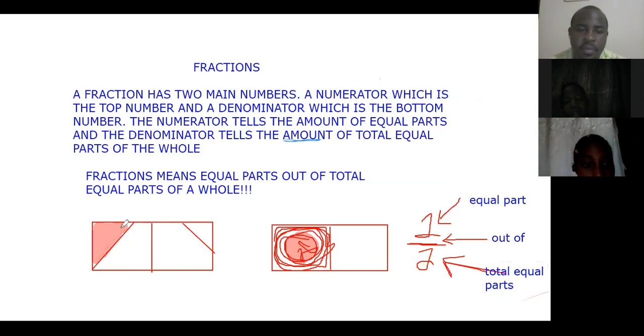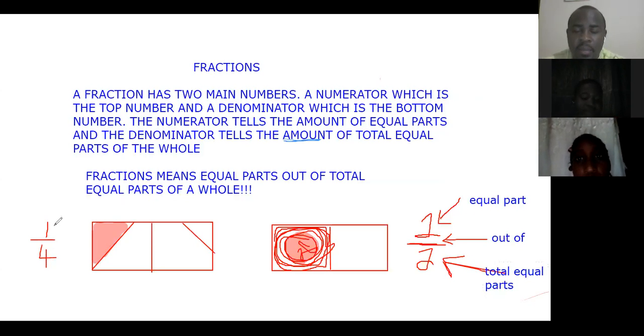What do you say, Dujan? 1/3. 1/3? Now, I want everybody to tell me. So Zaria says 1/4. So if that's 1/4, Zaria, what does 1/4 mean? That 1 part of the set is shaded.